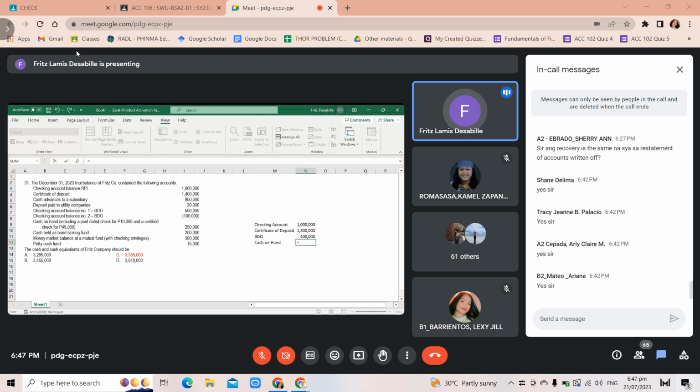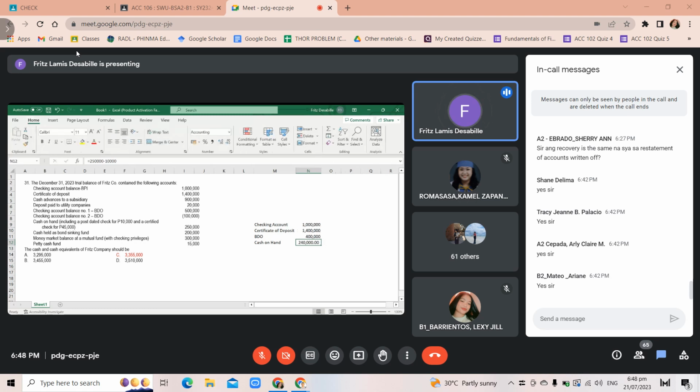It's not deducted to outstanding check, which is a deduction to cash. So cash on hand would only be reduced by the post-dated check. The certified check, gani deduction gani siya sa outstanding check, which is a deduction to cash. So therefore, it's not to be deducted.